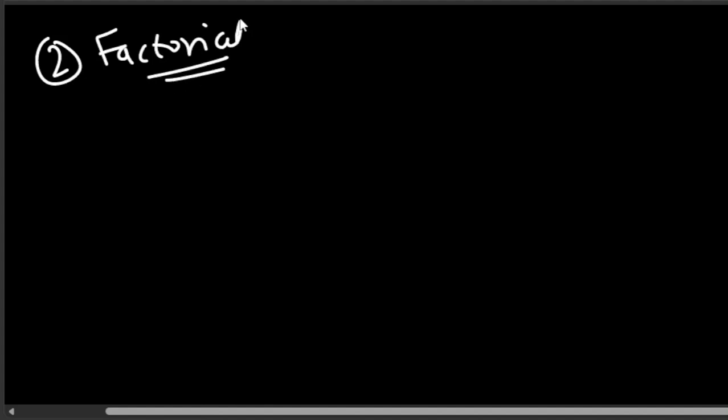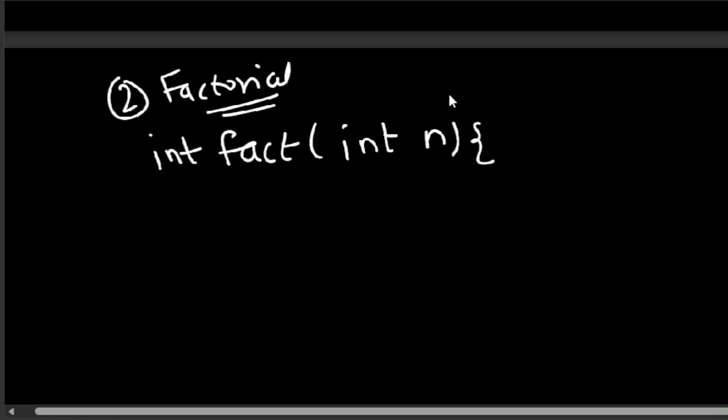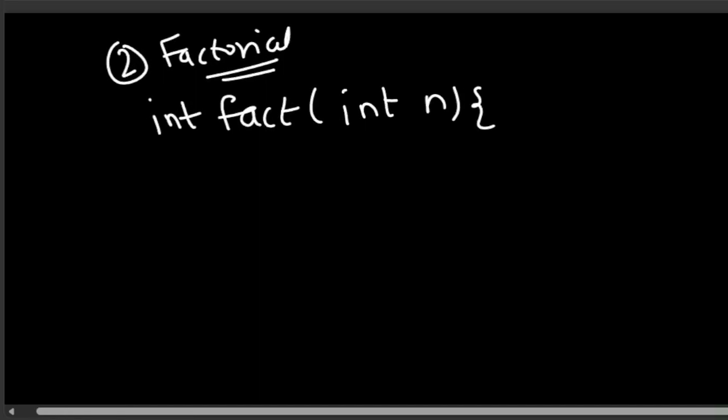Okay, let us look at the second method, that is the factorial method, which is definitely better than the initial method. Here we use an extra function, that is int fact, which is basically used to calculate the factorial.